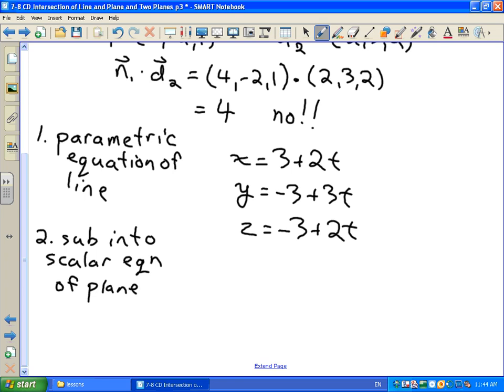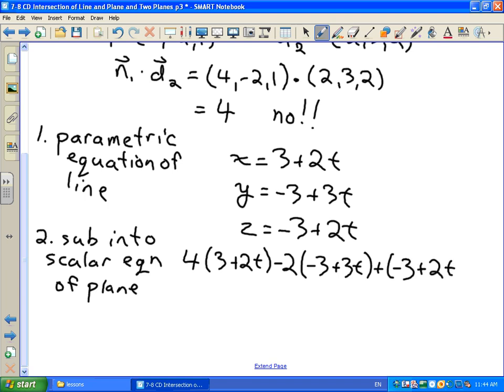So when we do that, what do we end up with? Well, we'll have 4 times 3 plus 2t minus 2 times negative 3 plus 3t plus negative 3 plus 2t, and all of this is going to be equal to 19. So now we have an expression in terms of t. So we want to solve this thing for t.